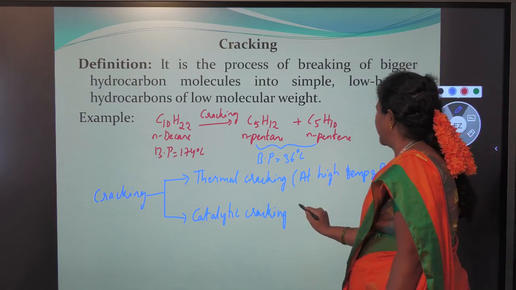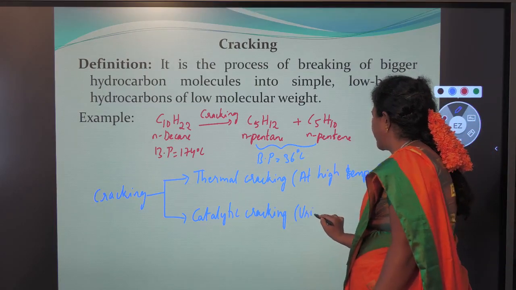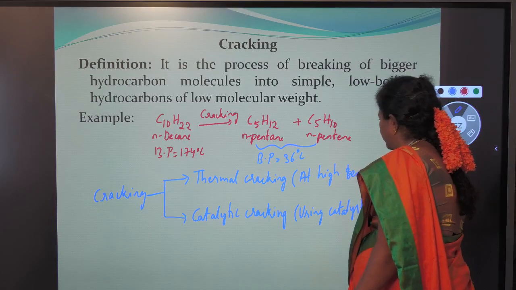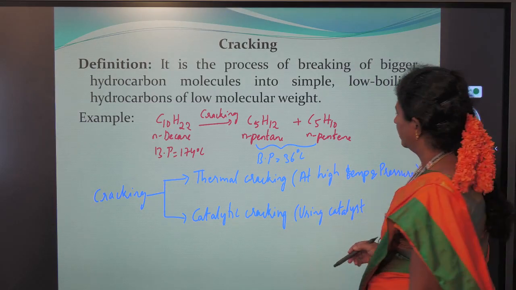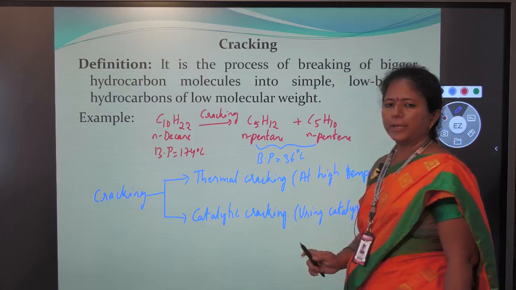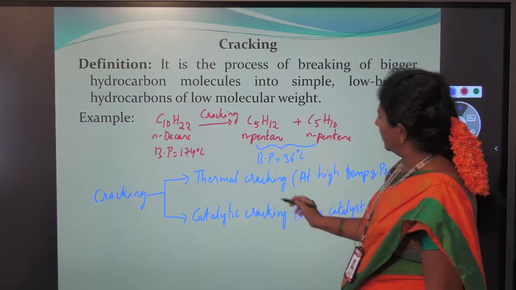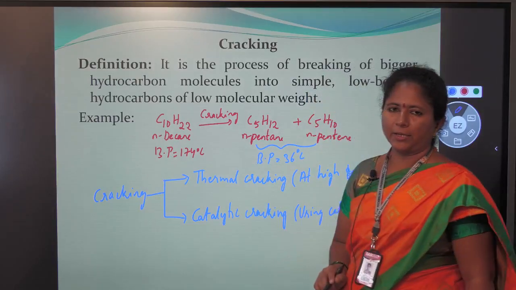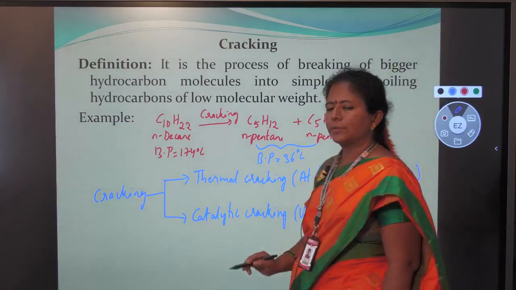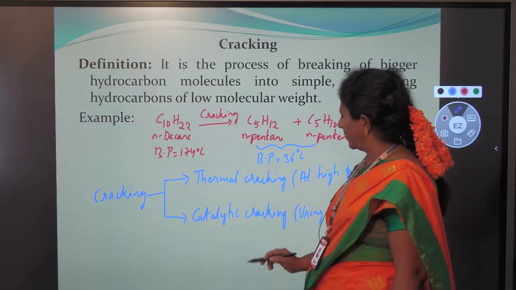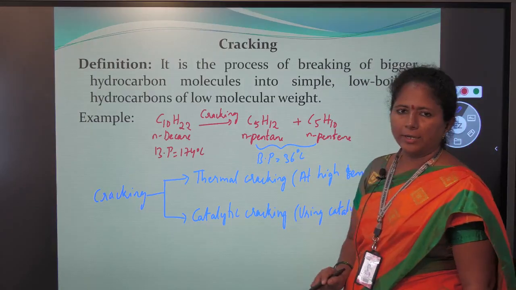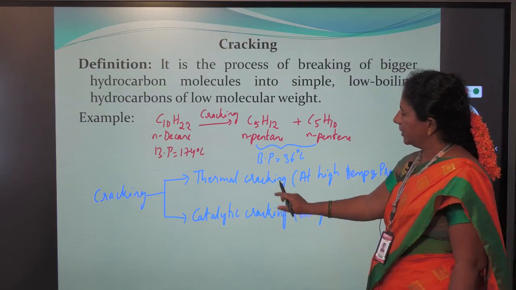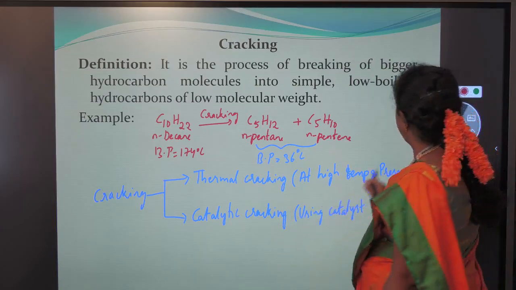Catalytic cracking means the cracking process is carried out using a catalyst. Thermal cracking is again classified into two types: liquid phase thermal cracking and vapor phase thermal cracking. Catalytic cracking is also divided into two types: fixed bed catalytic cracking and moving bed catalytic cracking. We will discuss these in detail in the next class.